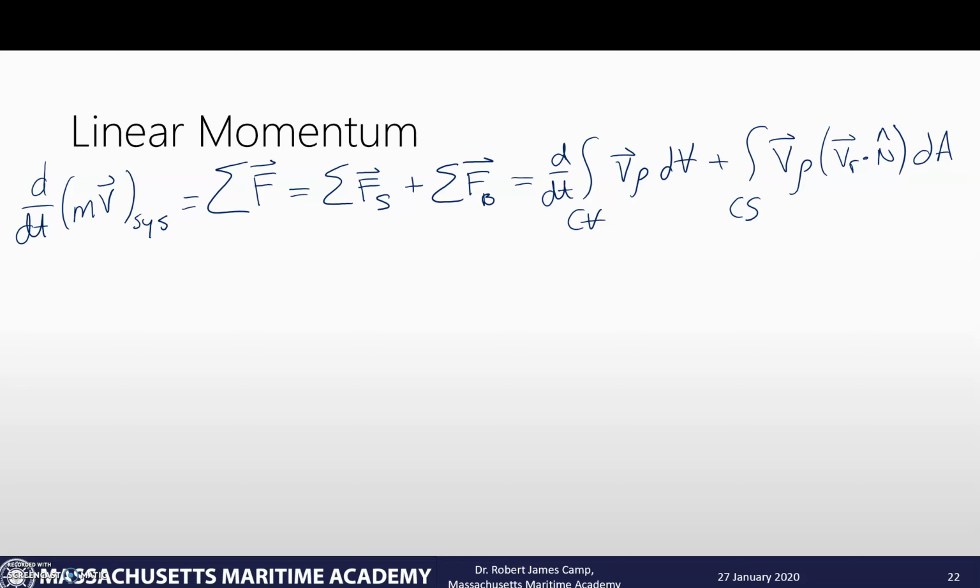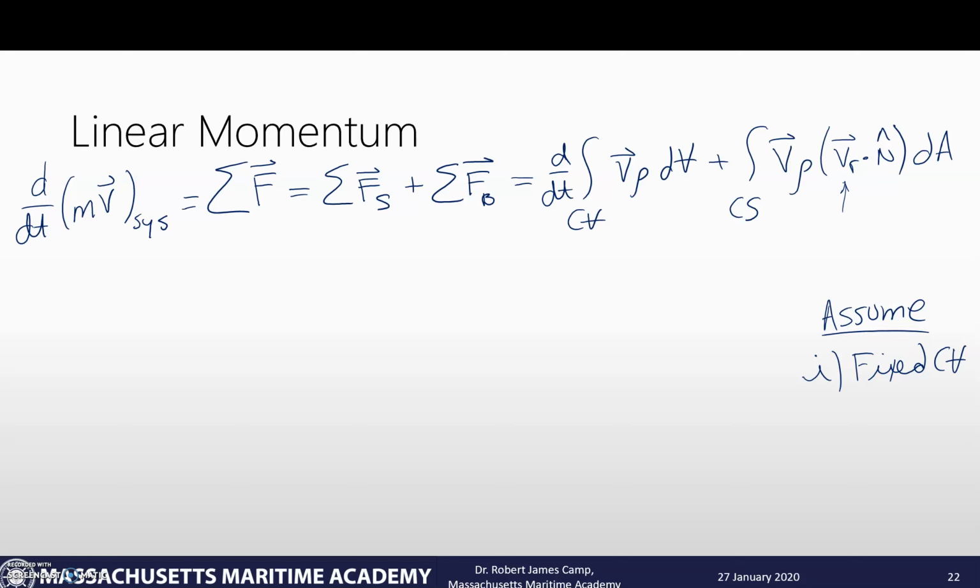Okay, so now let's make our assumptions. I'm going to come over here and put them off to the side. We're going to assume a fixed CV. So the CV doesn't change. Especially as we're talking about linear momentum, if we have a fixed CV, we're not worrying about this relative velocity anymore either.